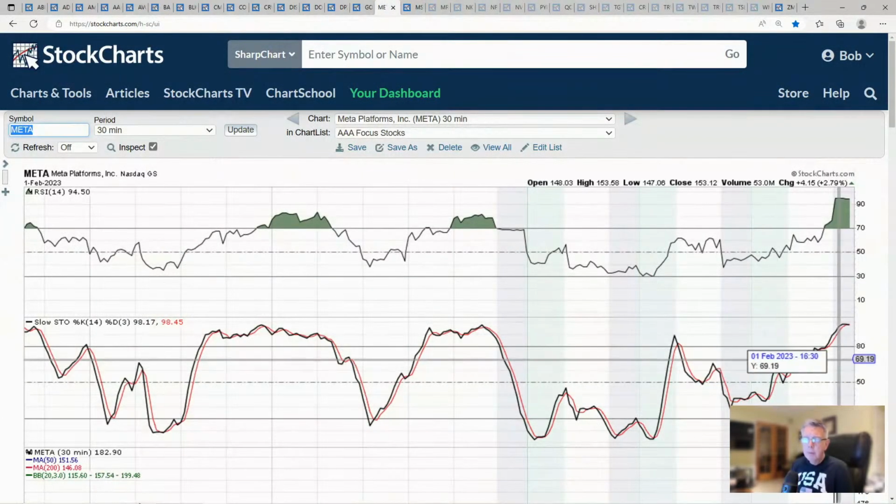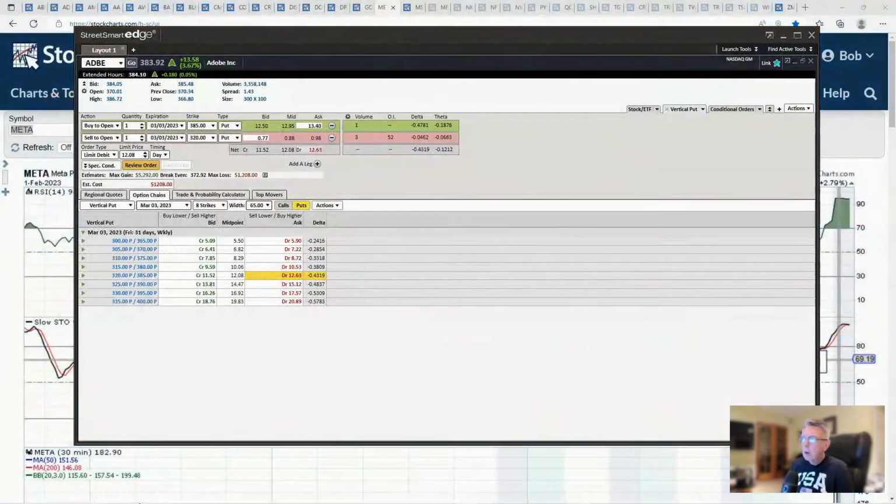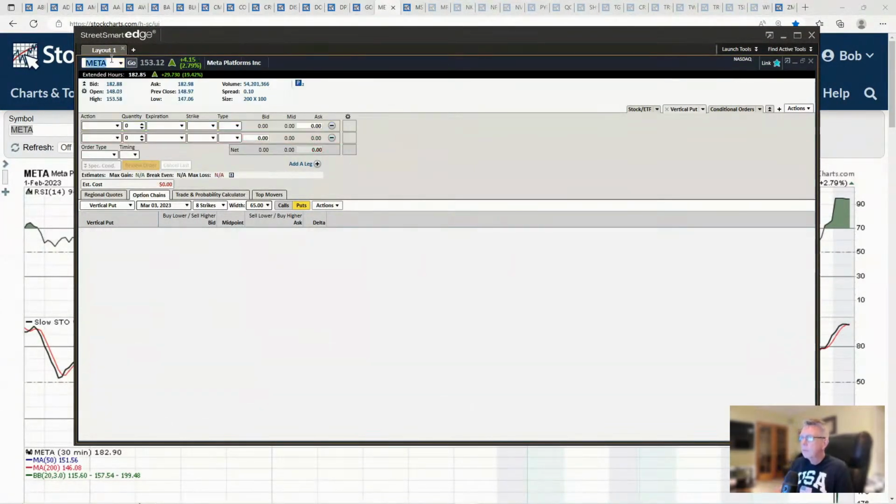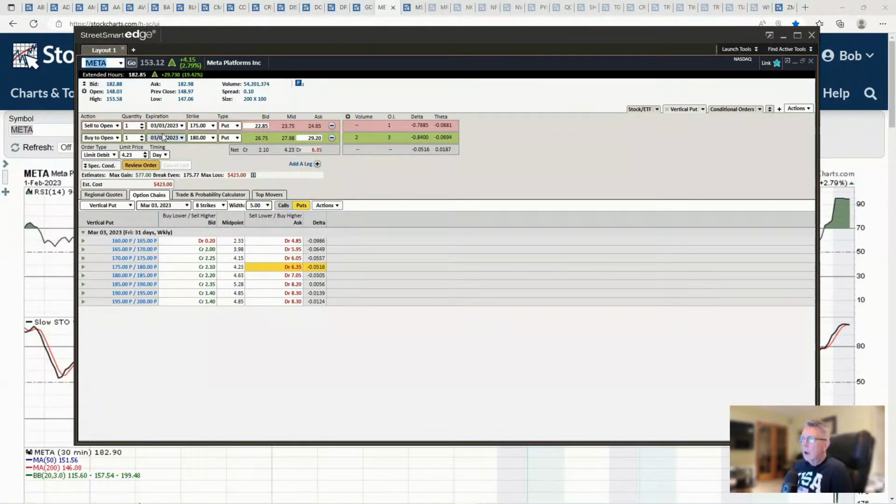Very similar to Adobe. All right, so we want to go out a couple of months, avoid that time decay. We're not going to be here long.